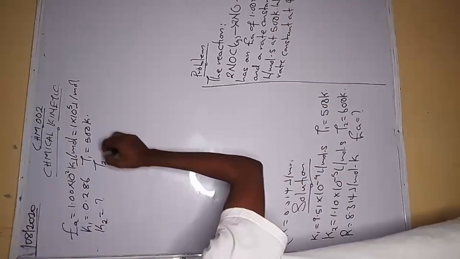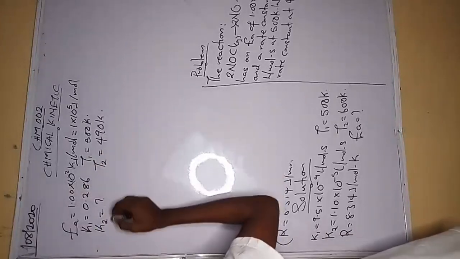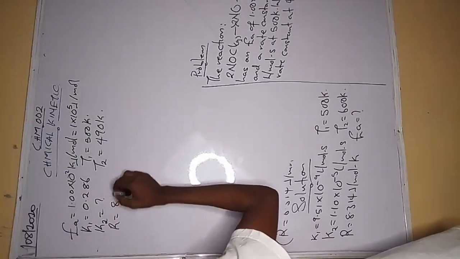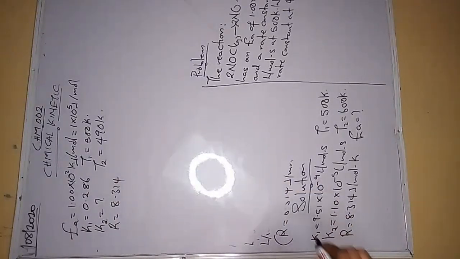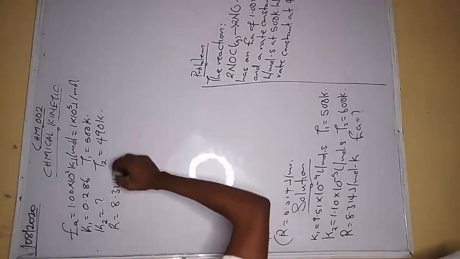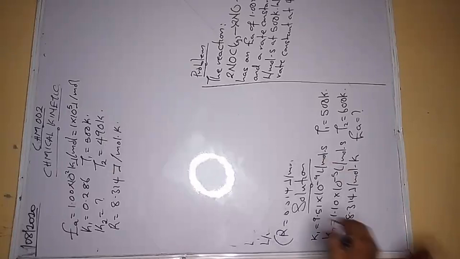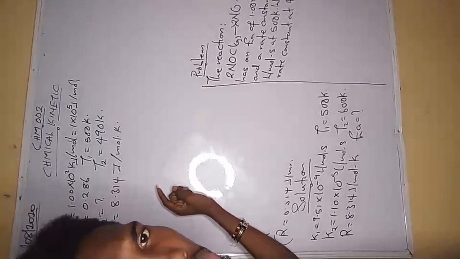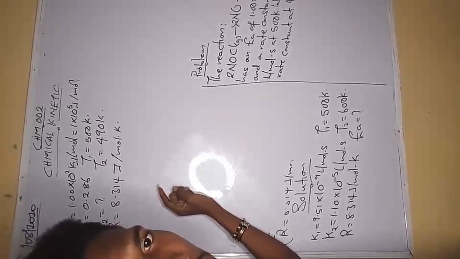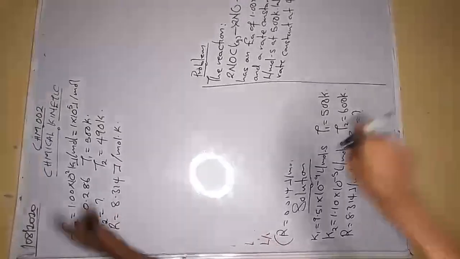That means T2 is 490 Kelvin. We know that our R is the normal constant 8.314 joules per mole per Kelvin. So we have all these things now. It's just left for us to substitute all these values in our formula.